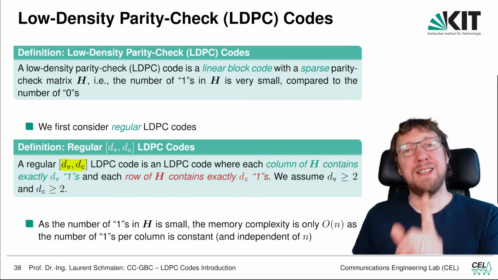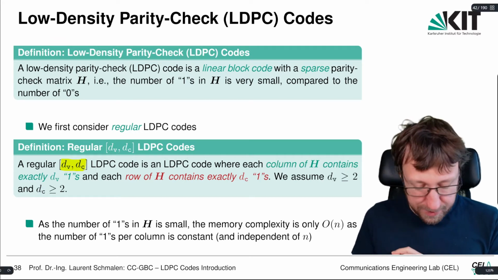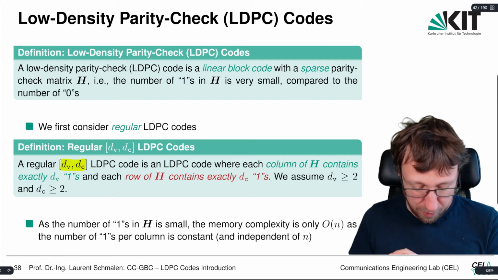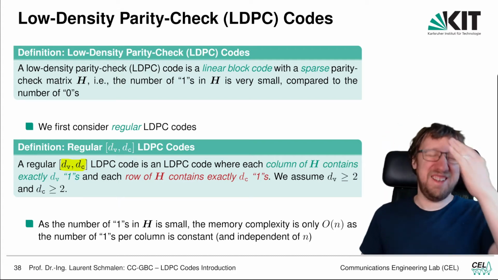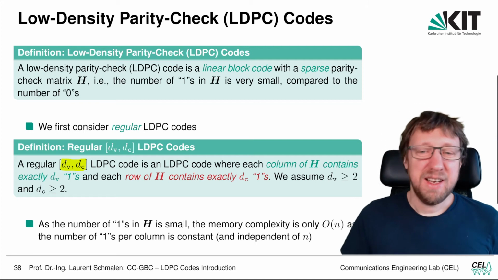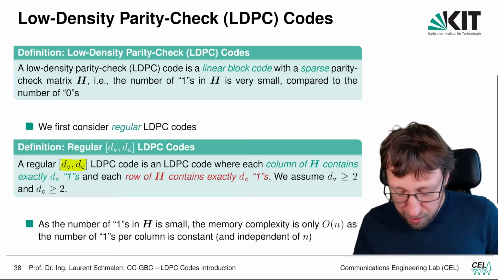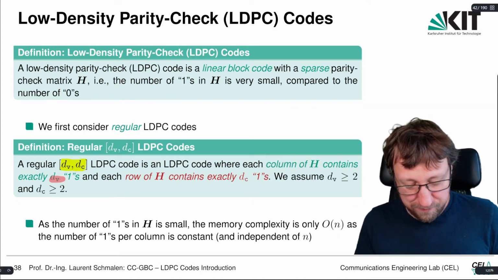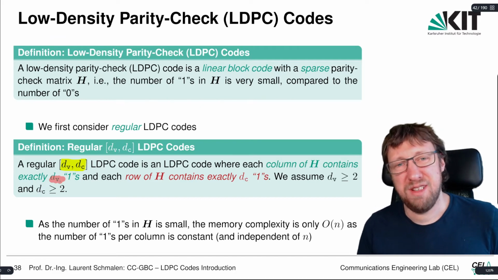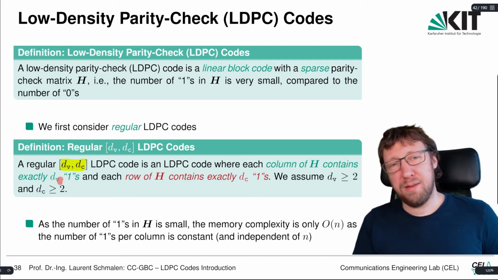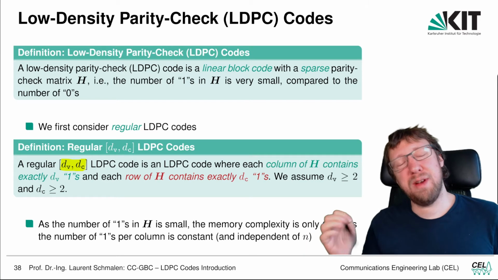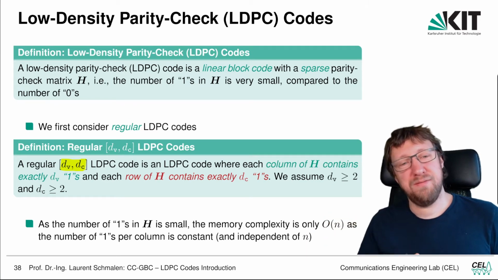So every column has dc. No, sorry, my bad. Every column of H has dv ones. Why don't we use dc? Very good question. That will become clear later when we look at the graph representation.